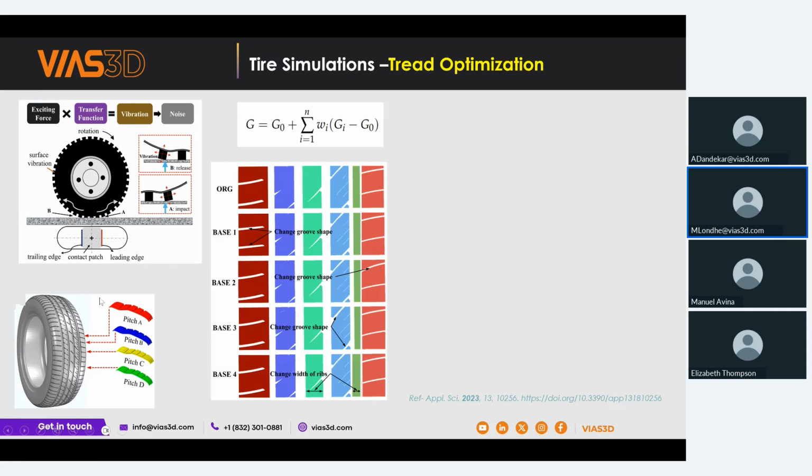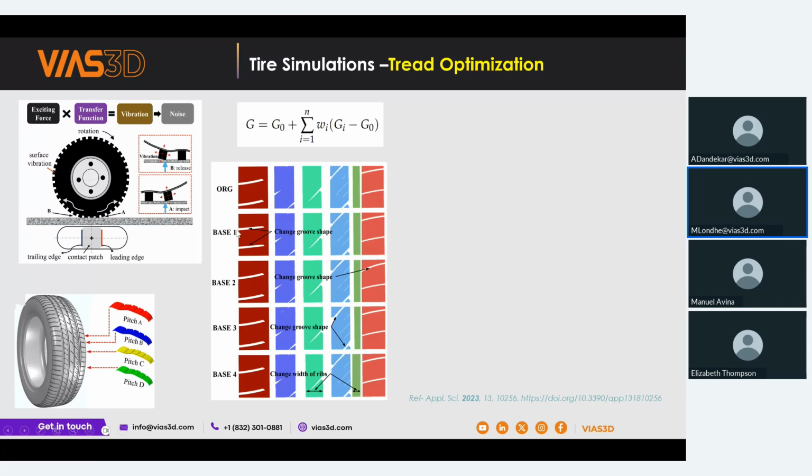So the approach is, first, model the tire noise prediction model. In this, sound pressure is linked with the vibrations, such as through the FRF. So you develop the FRF or transfer functions. Then, instead of redesigning each time a new tread pattern or new shape of the tread pattern, just develop some basic shapes, which is called the basis vector method.